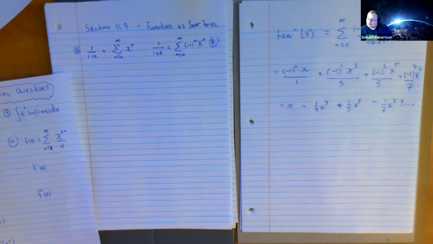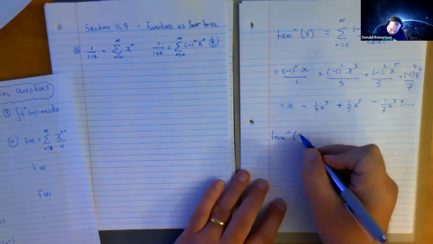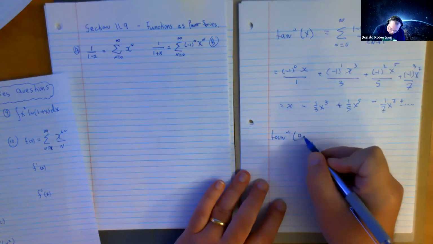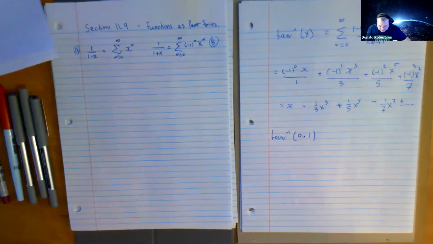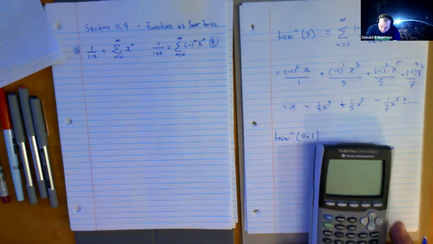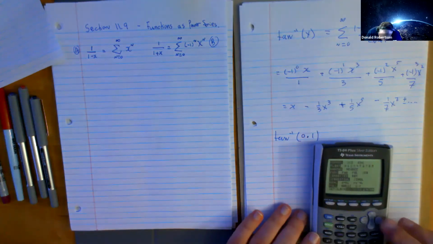Isn't that interesting? Now, I am going to find the inverse tan of 0.1, and I'm going to get it from my calculator. So I'm going to make sure that the mode is in radians, which it is.